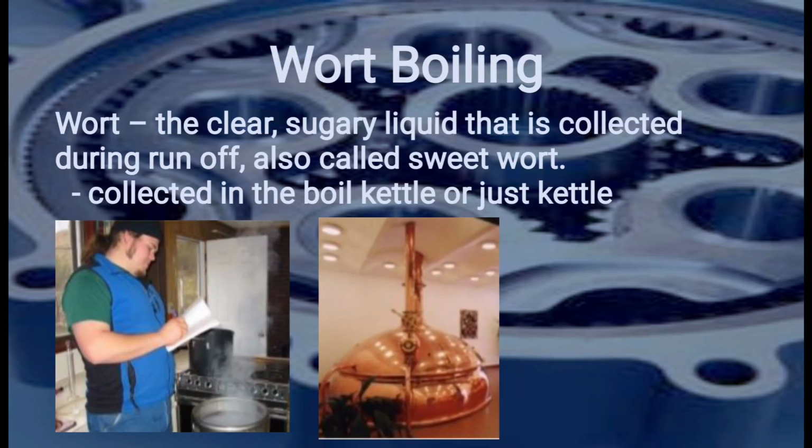After which, we have the wort boiling. It is the clear sugar liquid that is collected during runoff, also called sweet wort, and it is collected in the boil kettle, or just kettle. All ingredients are boiled together for a set amount of time until the final mixture is filtered and sent to fermentation.